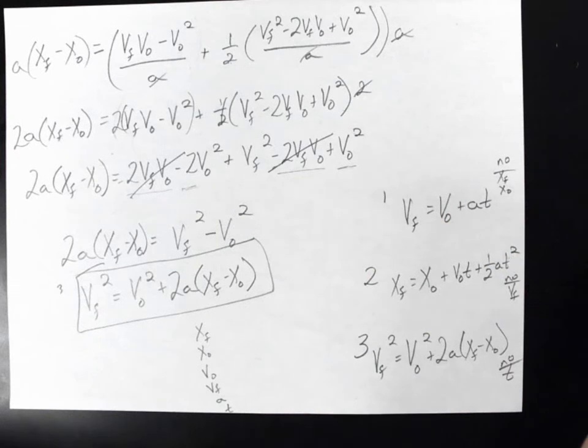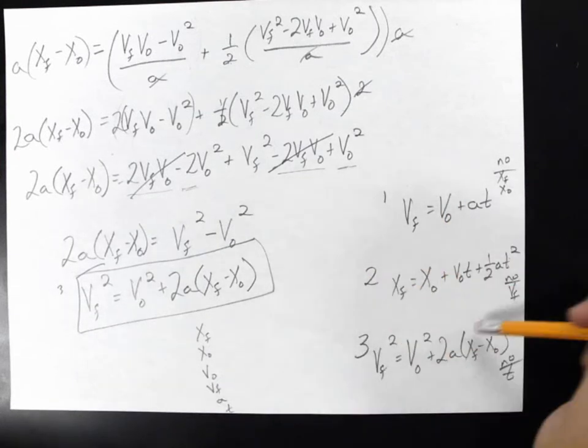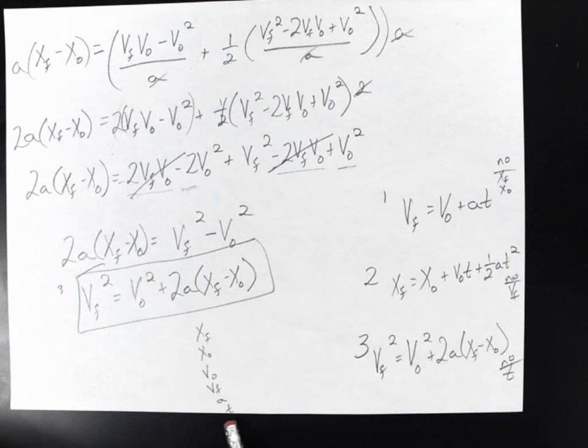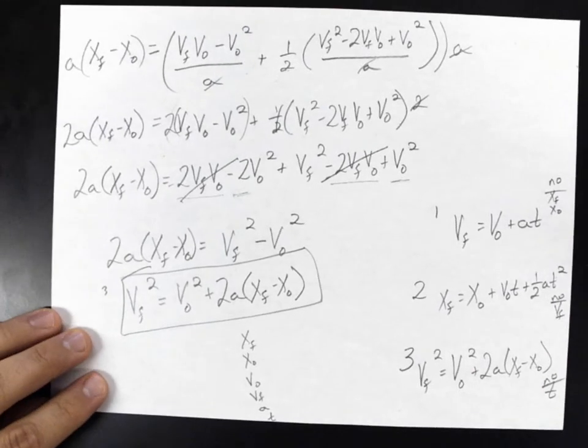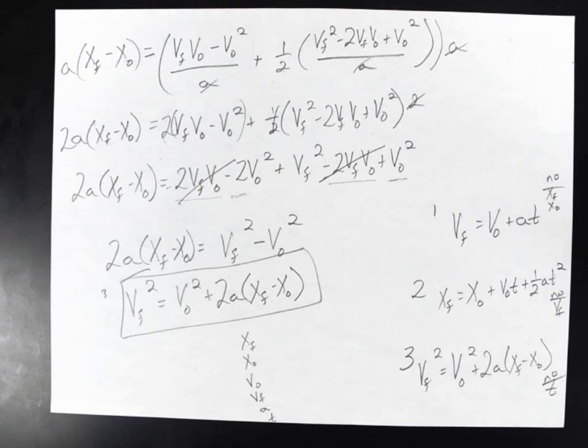If you did not know how fast your thing was going at the end of your problem, you could use the second equation. If you don't know how long stuff was happening for, you could use this third equation. So that's the reason that we did all this. It might seem a little bit long and drawn out, especially this last part, but it is important because we can use these to predict basically everything about a system that's accelerating.